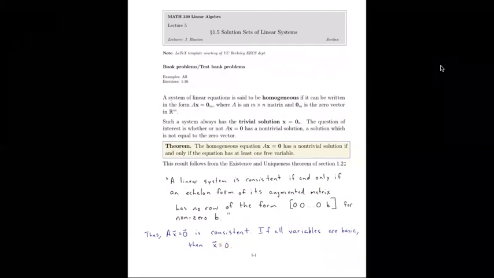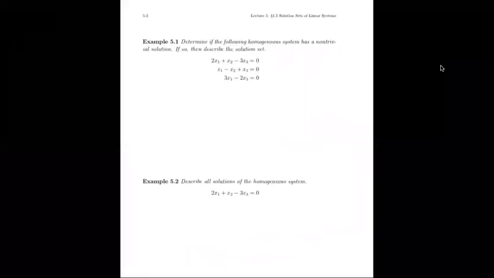So this is better understood in examples. Maybe you come back to this little sketch of a proof when you're done looking at some of these examples and working some of the problems, and it might make a little bit more sense. But for now, let's get started with finding homogeneous solutions to systems.